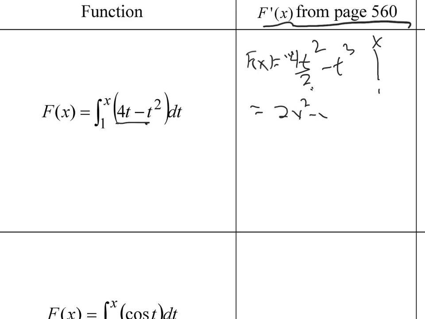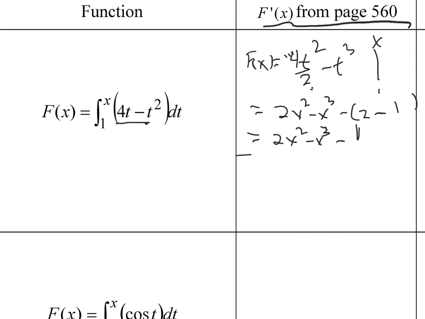2x squared minus x cubed minus, plug in the 1. I hope you see that just gives me a 4 times 1 divided by 2, which is a 2, minus a 1. So 2x squared minus x cubed minus a 2 minus a 1 is a 1 minus a 1.